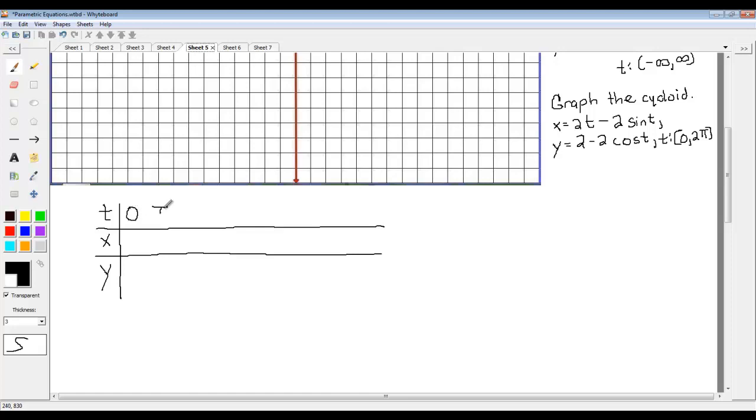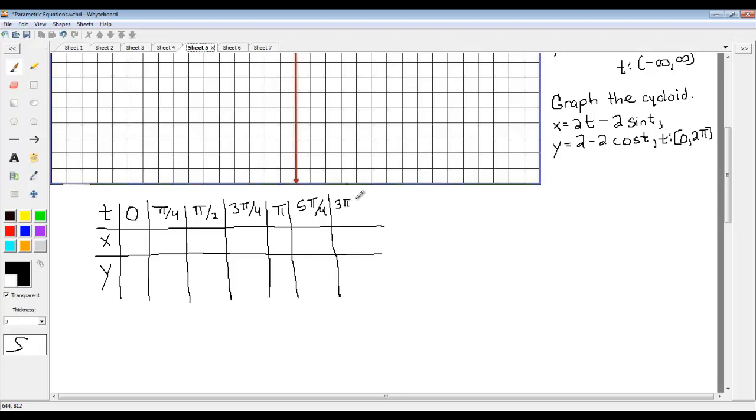And let's do pi over 4. Let's do pi over 2. Let's do 3 pi over 4. Let's do pi. Let's do 5 pi over 4. Let's do 3 pi over 2. Let's do 7 pi over 4. And let's do 2 pi.